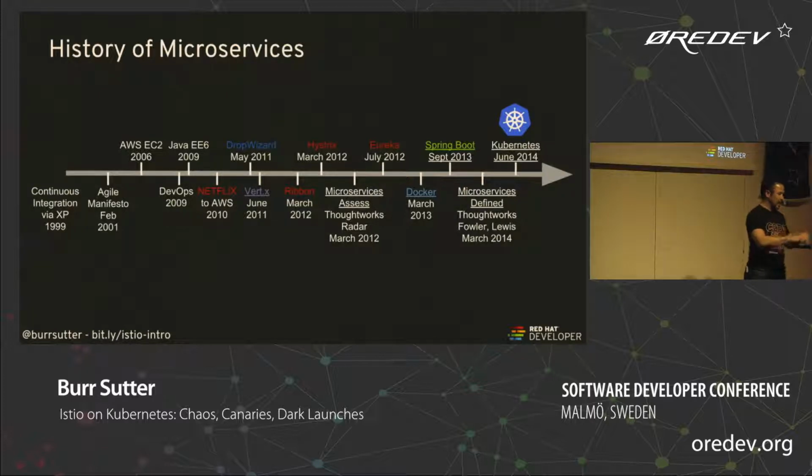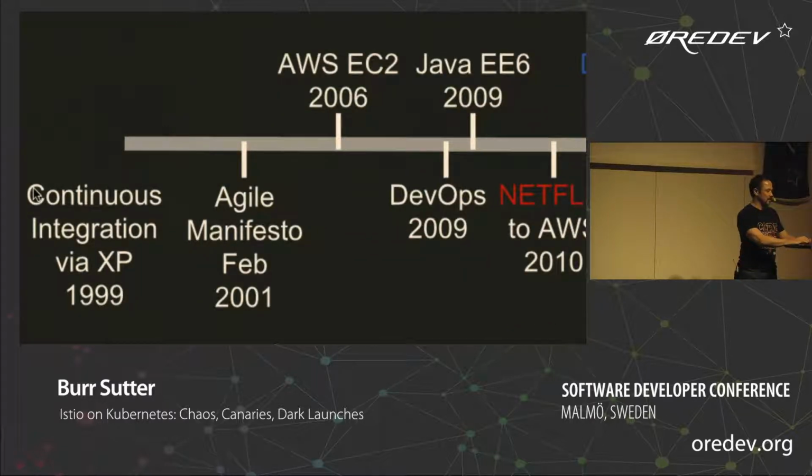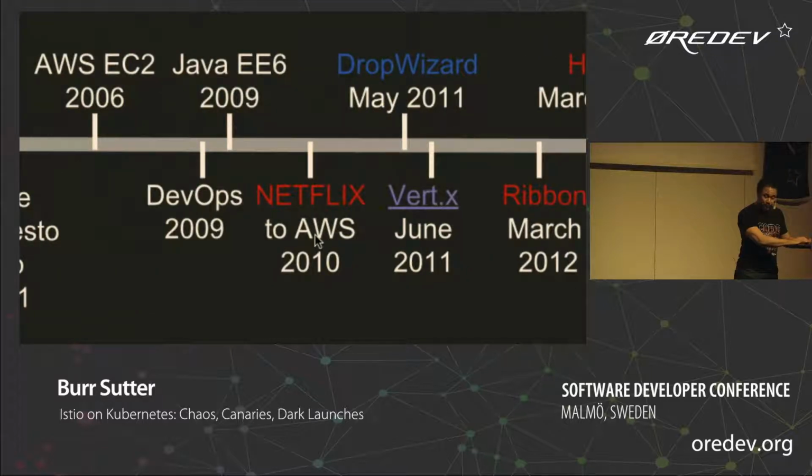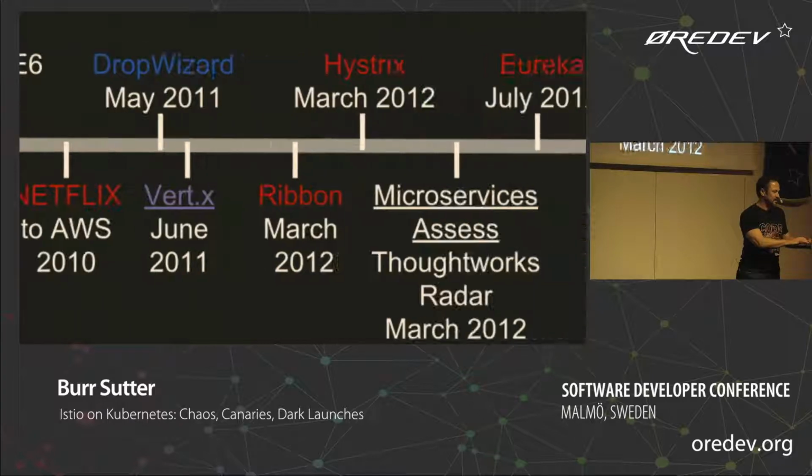So there's a bunch of stuff that's been happening in the microservices ecosystem. You can see here, I go back in time to 1999 and continuous integration by the XP folks, Extreme Programming, and of course the Agile Manifesto back in 2001, the cloud being born in 2006. Netflix moving to AWS in 2010 was a notable time in the history there as well. You can see Dropwizard and Vert.x showed us how to do these concepts of fat jars back in 2011.